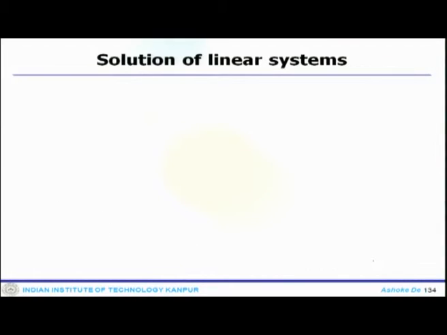Now, we are talking about iterative methods, and we have discussed different variants of iterative methods, starting from the simple one till the BiCG algorithm with preconditioner.